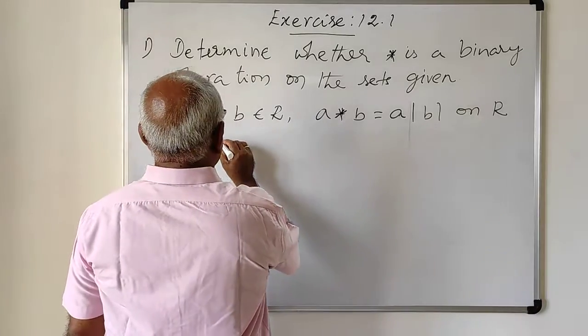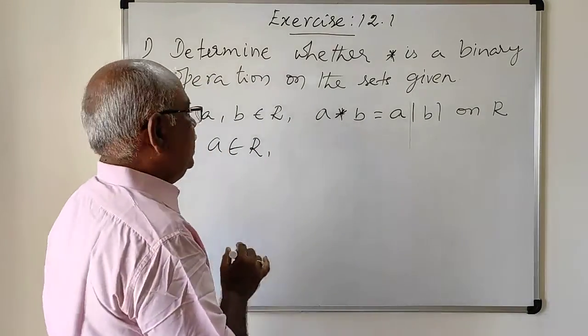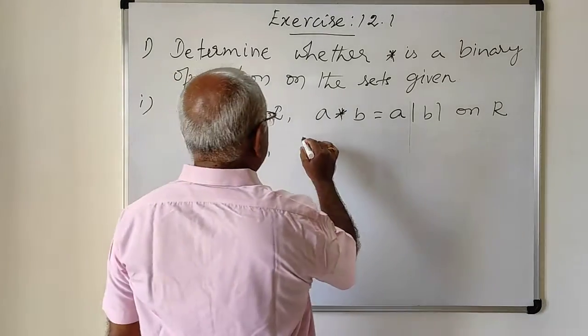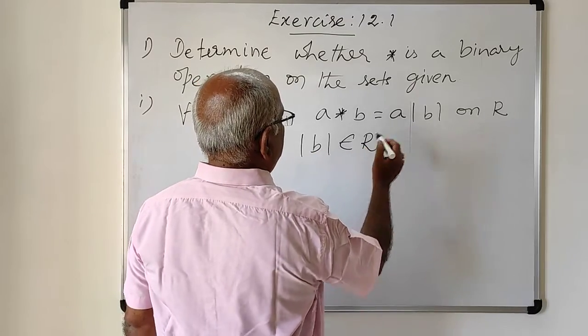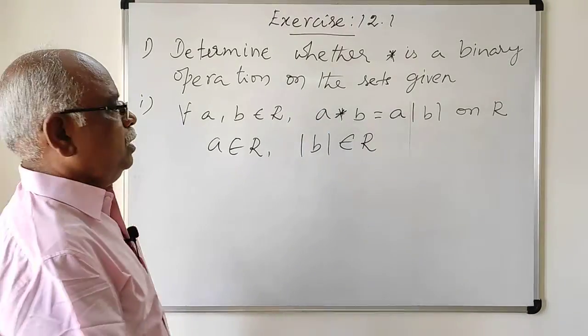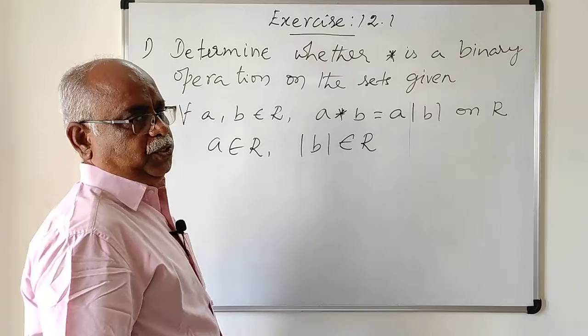So, A belongs to R. There is nothing difficult in this. Straight away we can say A belongs to R. Modulus of B belongs to R. Whether B is positive or negative, mod B is positive. If B is negative, mod of B is also positive.